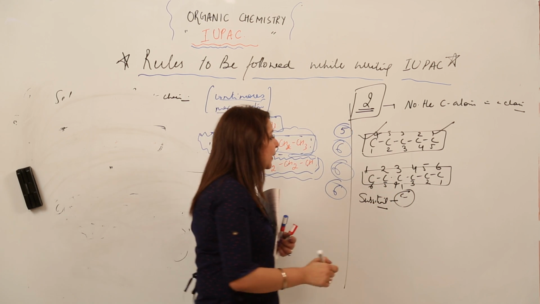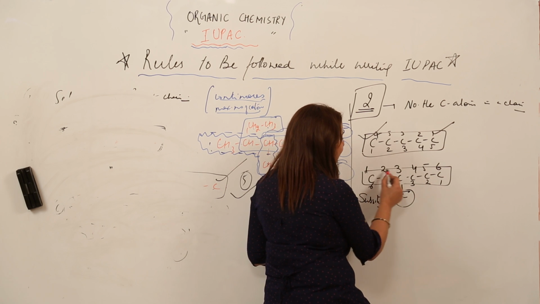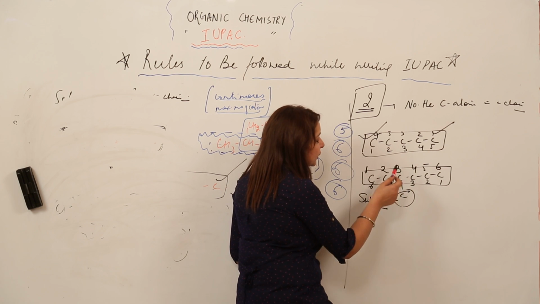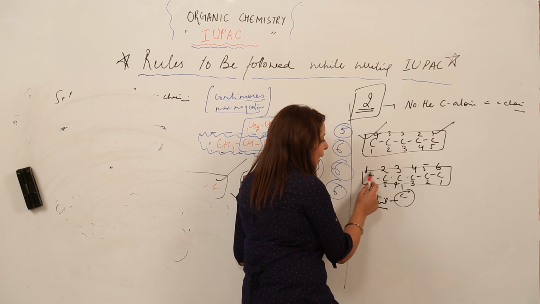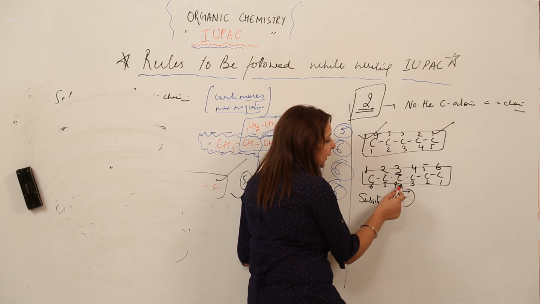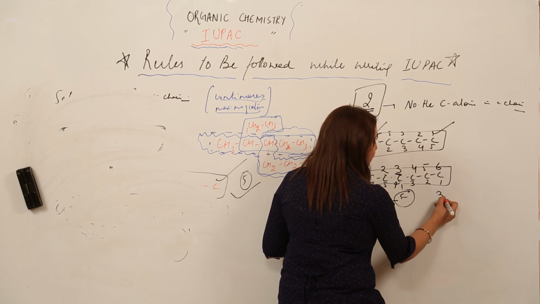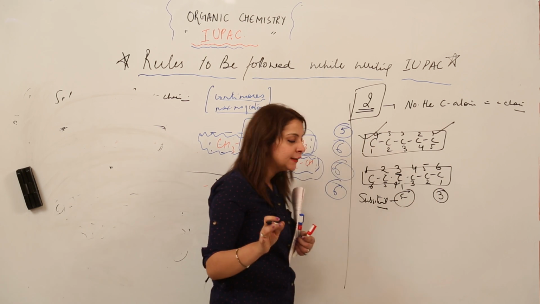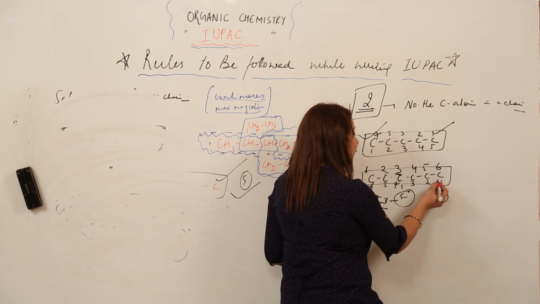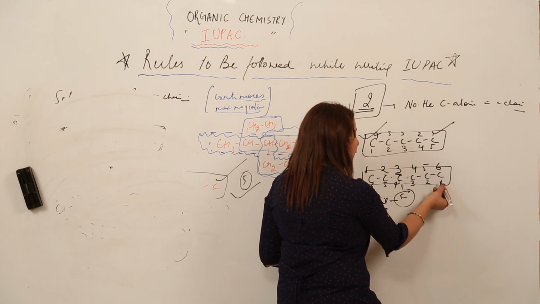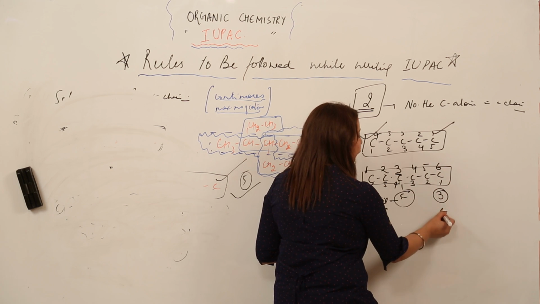But when I number from this side, what number is the substituent getting? 1, 2 and 3. We know that the number of this carbon will be the number of the substituent. That means in this case the substituent is getting number 3. And if I do from this side, what number is the substituent getting? 1, 2, 3, 4. Number 4.